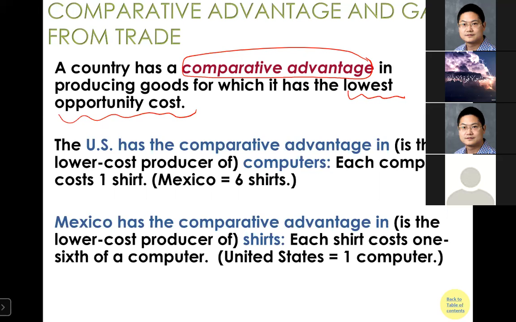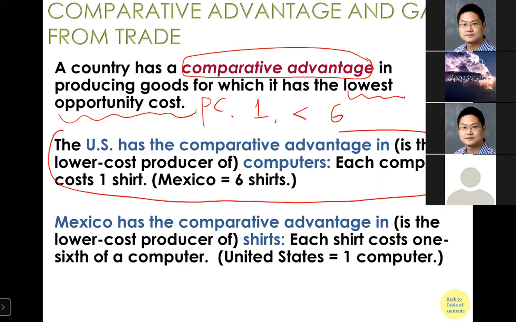Remember, the opportunity cost of a computer in the United States is 1 versus 6 in Mexico. On the other hand, Mexico has comparative advantage in shirts.